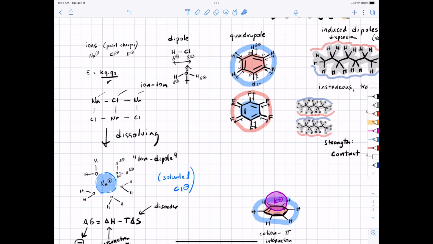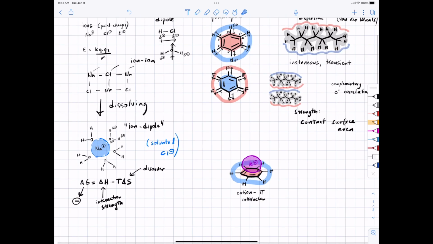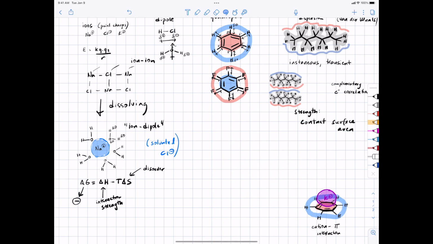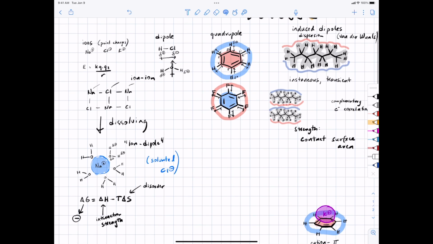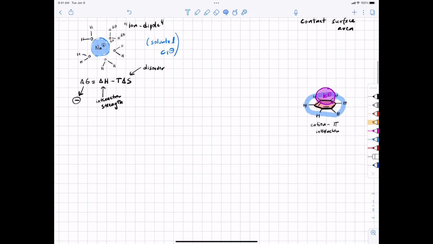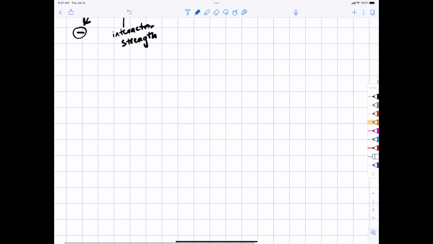You maybe were taught that hydrogen bonding is its own thing. And I suppose that's true, though I prefer to think of it as just a dipole-dipole interaction.